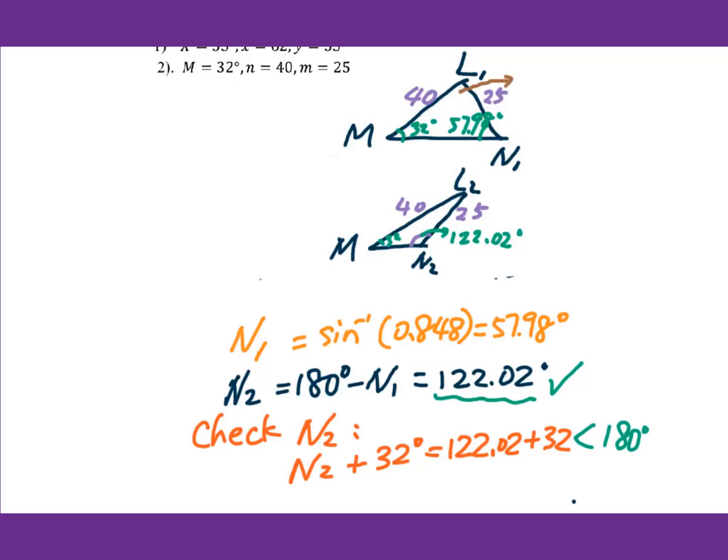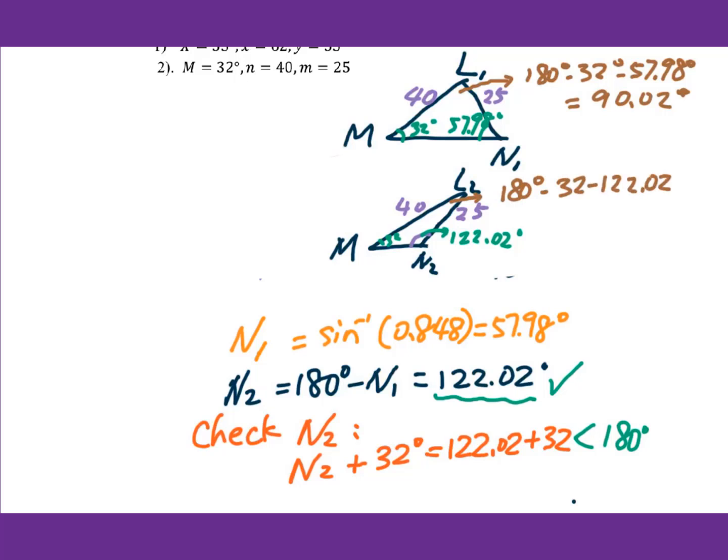For this L1, we do 180 degrees minus 32 minus 57.98 degrees equals 90.02 degrees. That's for L1. For this L2, we will get 180 degrees minus 32 minus 122.02 degrees. You will get 25.98 degrees. Now we need to figure out this L1 and L2.